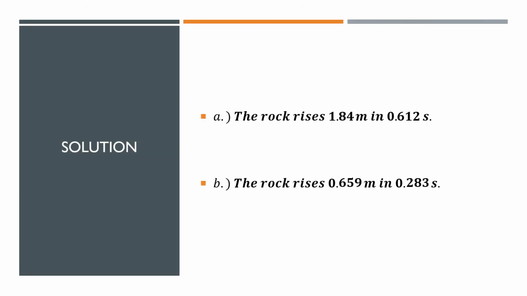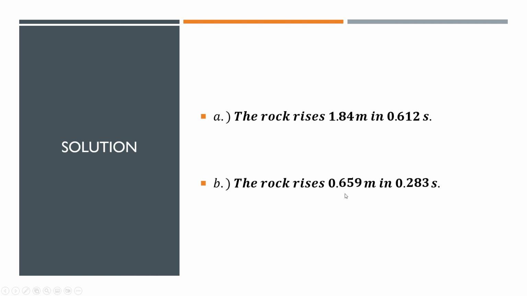So let's bring these results together on the solution card so that we can see the differences between these two situations. So in part A, when we were using regular projectile motion equations, the rock achieved a pretty decent height in a lengthy period of time. But in part B, when we turned fluid resistance on, we're seeing a dramatic change in the results. Okay?